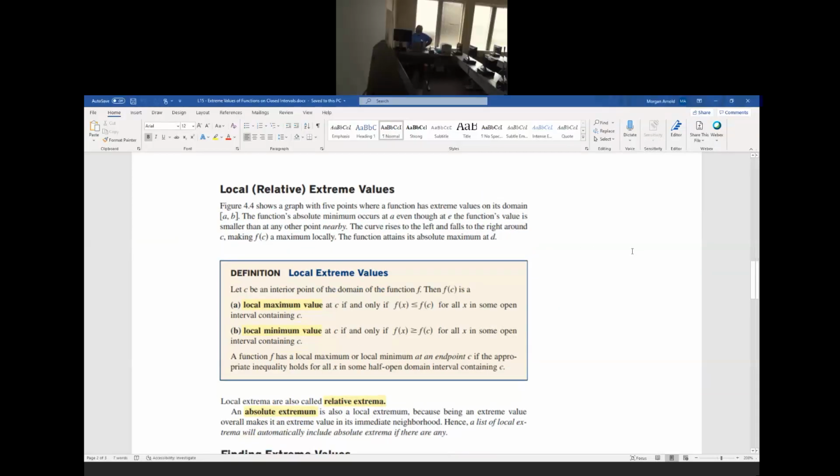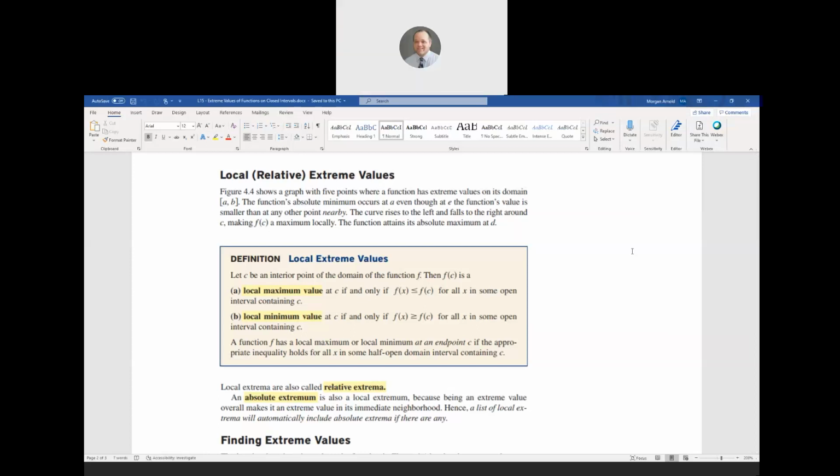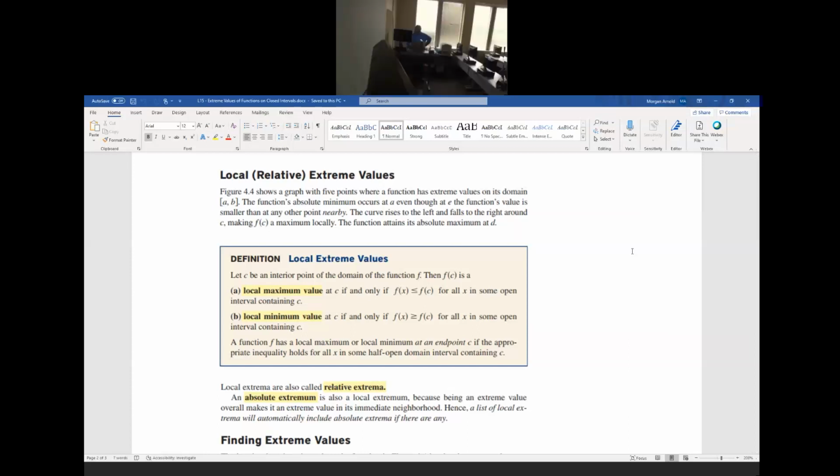So let's go back over here to our notes. Local extreme values. Let C be an interior point of the domain of the function f. Then f of C is a local maximum value. And we have the same parameters here as before.